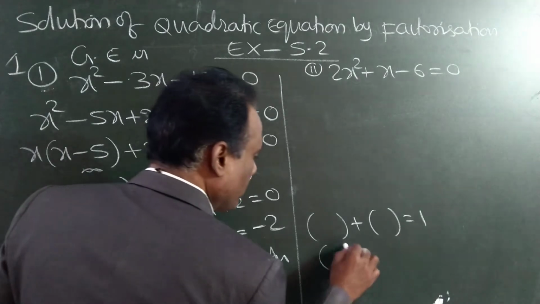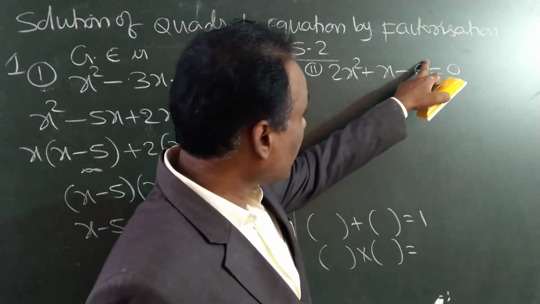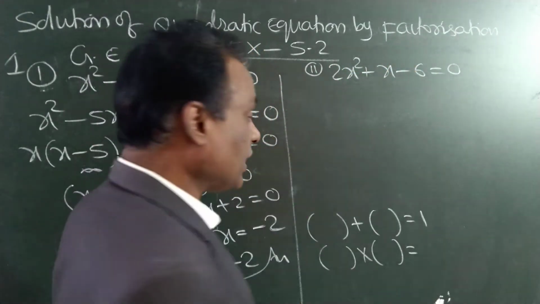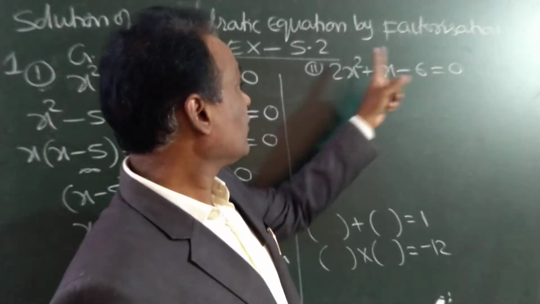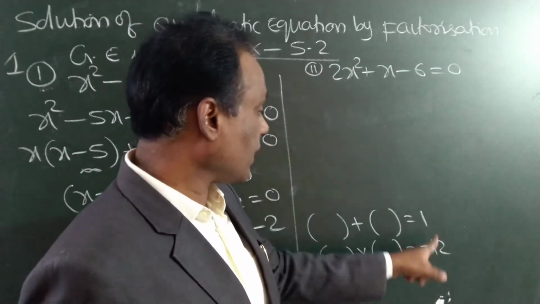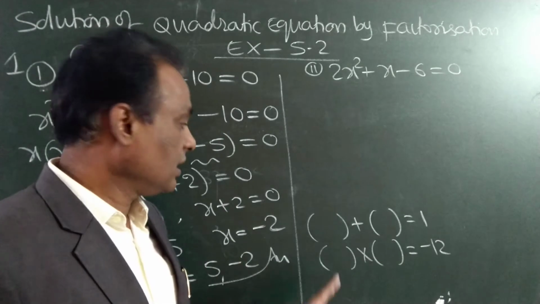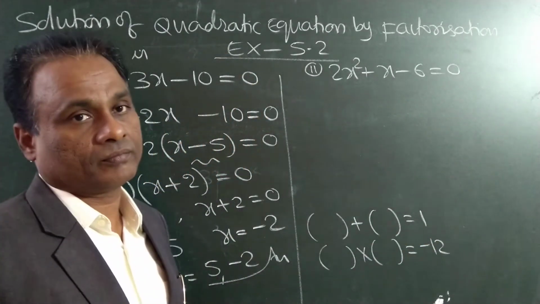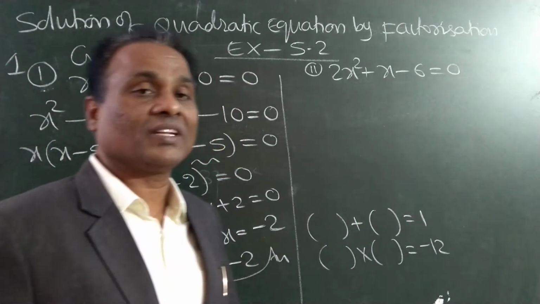And if I multiply, the answer should be minus 6 into 2, which is minus 12. So tell me 2 numbers: sum should be 1, product should be minus 12.